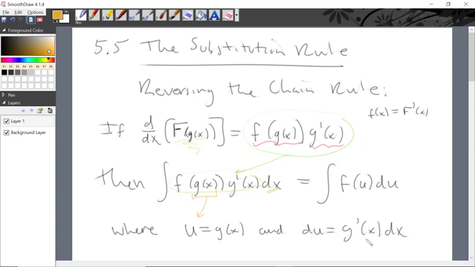Right, that's differentials right there. So by choosing this inner function g of x to call that u, then this product here, g prime of x dx, would become the differential du. So we would transform this combination here into f of u du. And this is under the assumption that this is going to give us an easier thing to integrate.